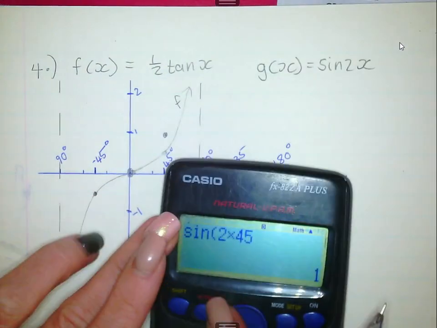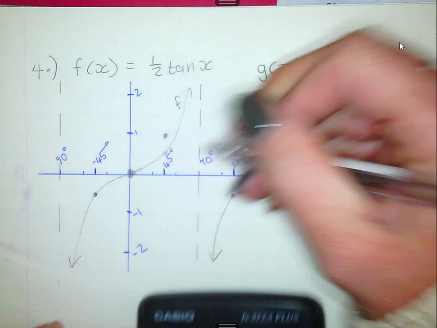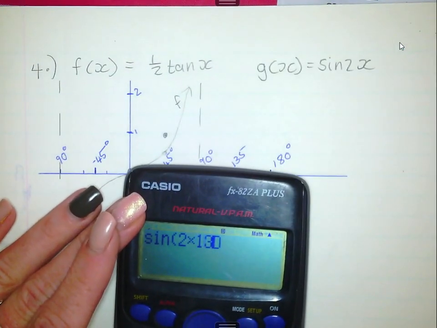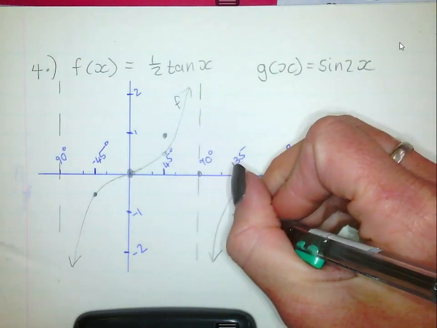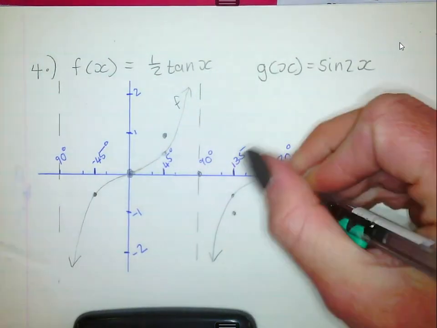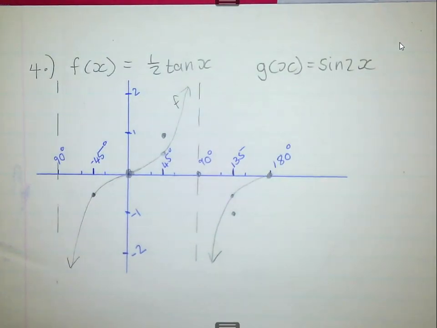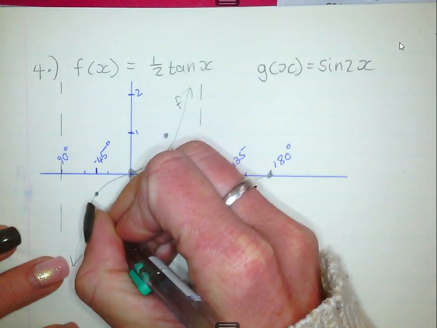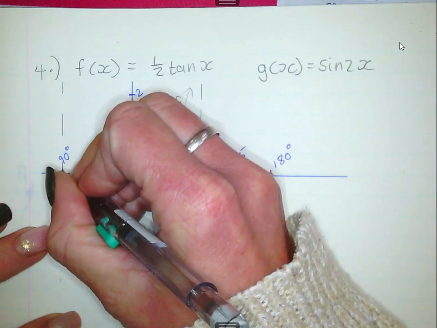Then I substitute in 2 times 90. 0. 2 times 135. Negative 1. And then at 180 it's 0 again. At negative 45 it gives me an answer of negative 1. At negative 90 it gives me an answer of 0.